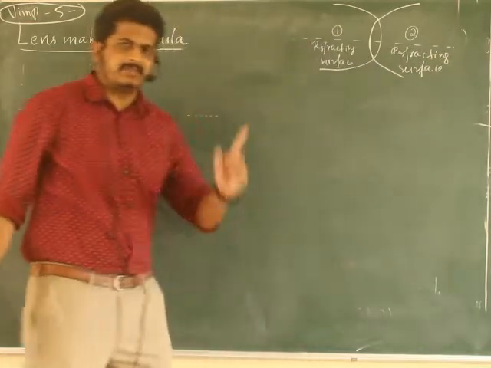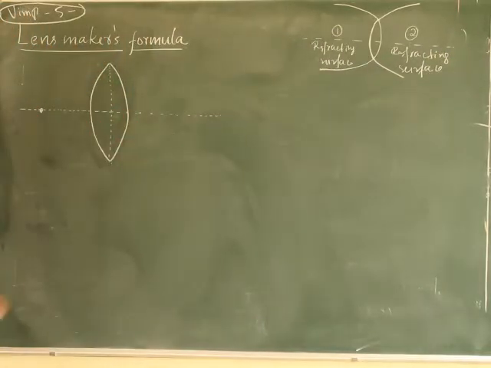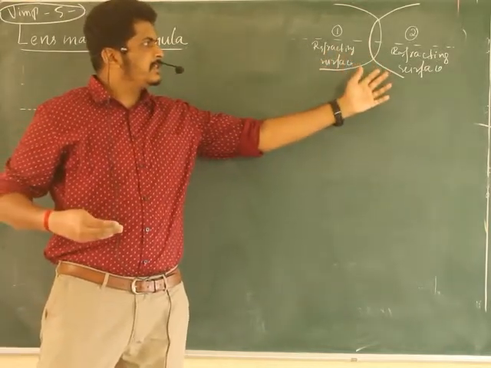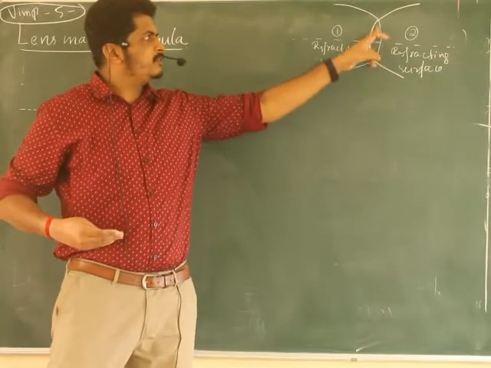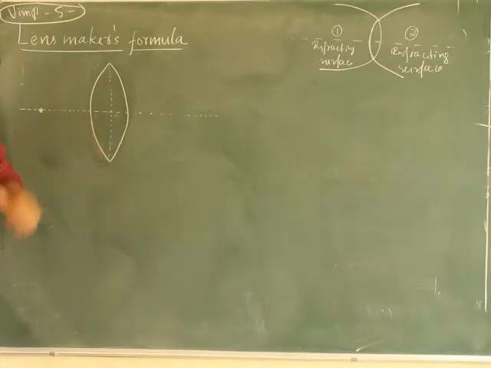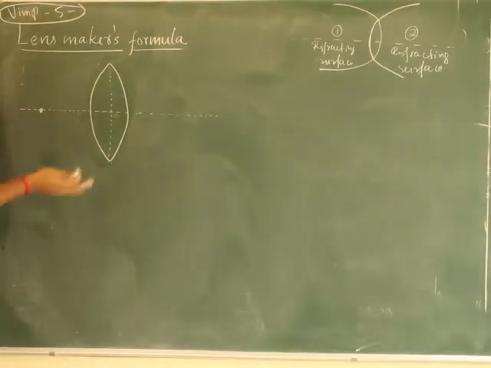Two refracting surfaces are there like this, correct? Now these two refracting surfaces can be assumed by using the lens. This lens can be assumed as two refracting surfaces facing each other and getting intersected, where it will form this kind of shape. If you cut that one, what does it look like? It's a lens.